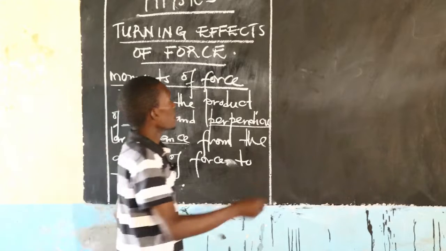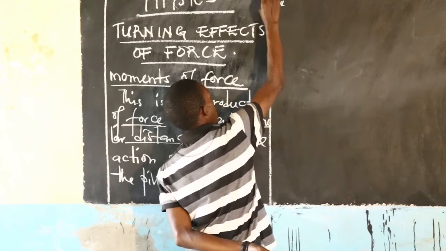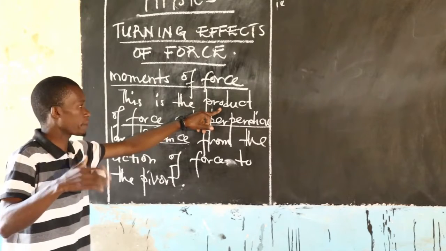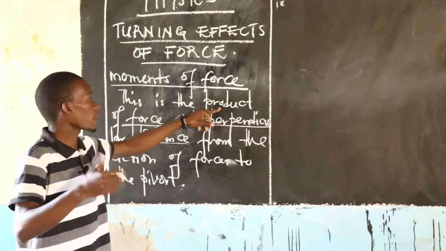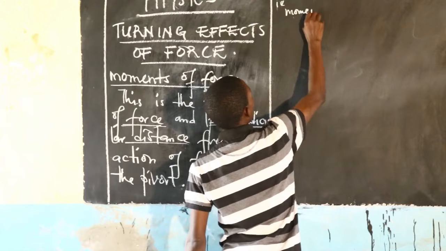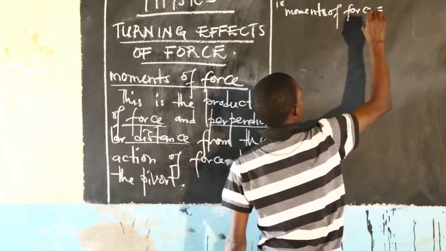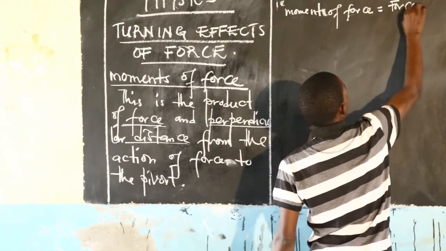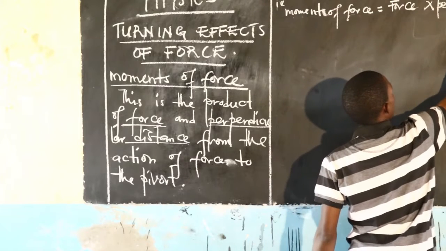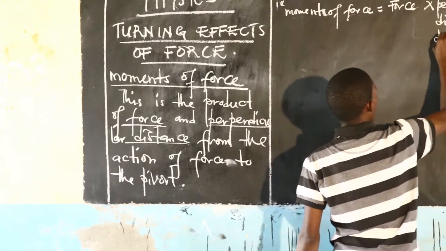So we should get to know also the formula here. We say, IE, now we talk about the product. Product means that we are going to multiply. That is the meaning of the product. Moment of force is equal to the force times perpendicular distance.